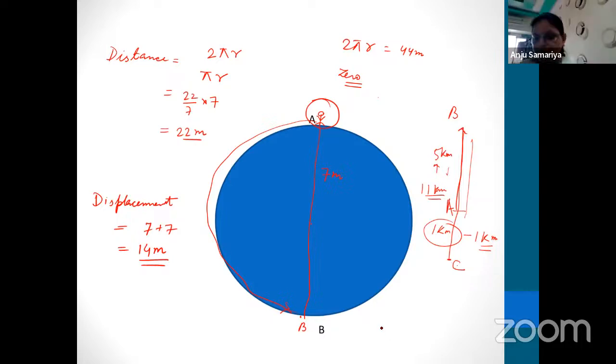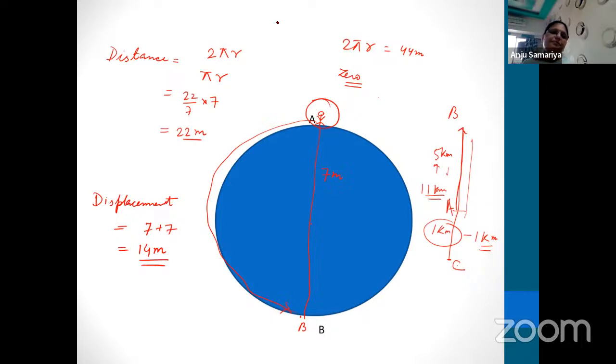If a body is stationary, the distance can be zero. But the distance can never be less than the displacement. At least, it will be equal to the displacement, whereas the displacement can be at most equal to the distance.